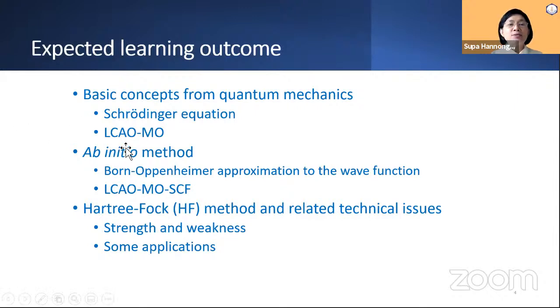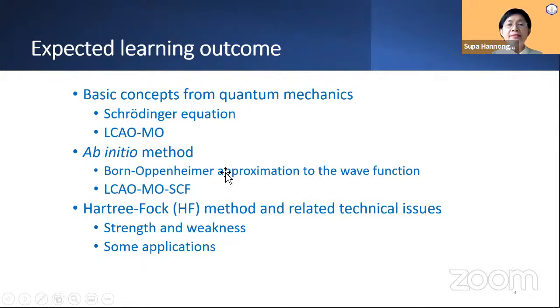Today for ab initio, we still apply the Born-Oppenheimer approximation. You will see that it applies to the Schrödinger equation based on the Hartree-Fock operator and the wave function.